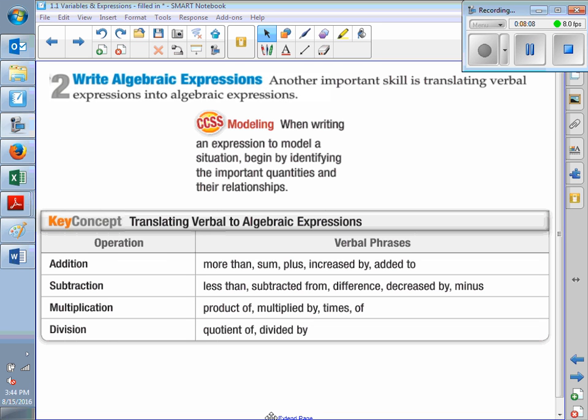When we're translating English to math, you have to see what words tell you what operations. And here are some of those key words, okay? We've got more than, sum, plus, increased by, and added to. And you can read the rest of those.